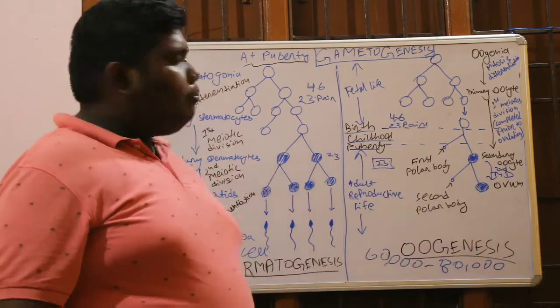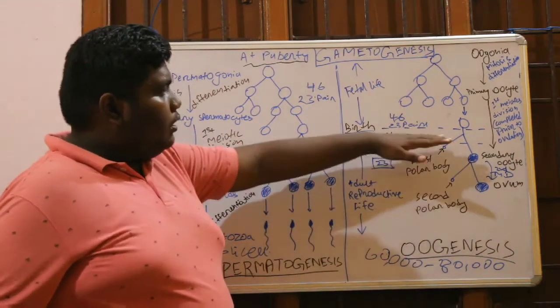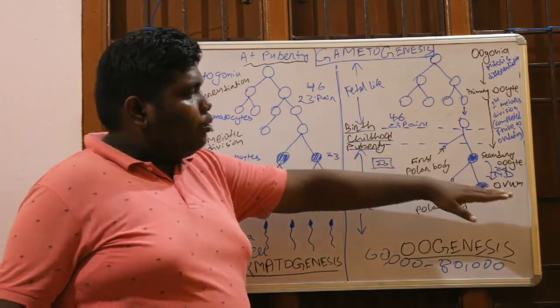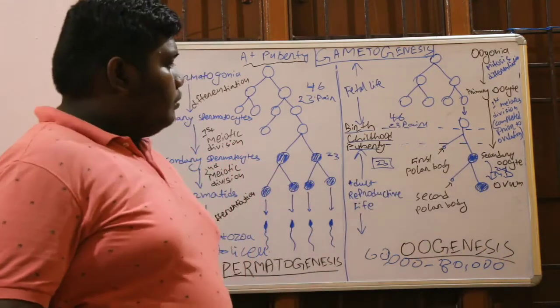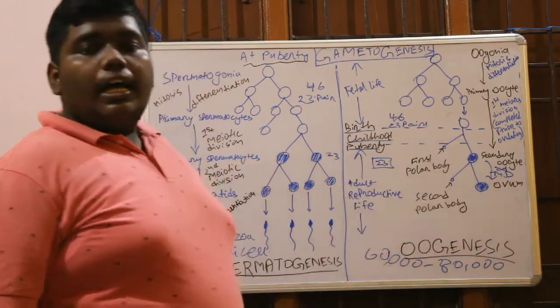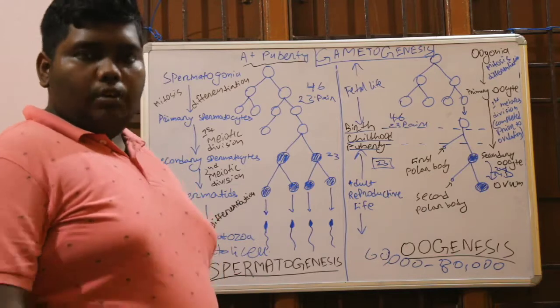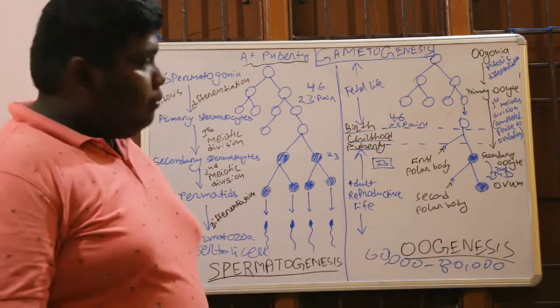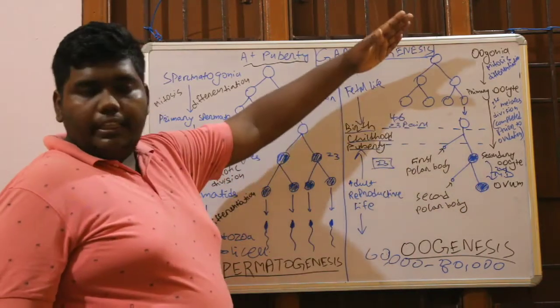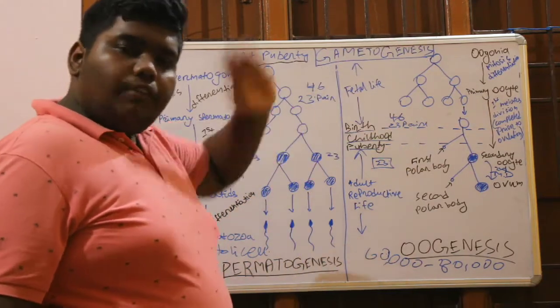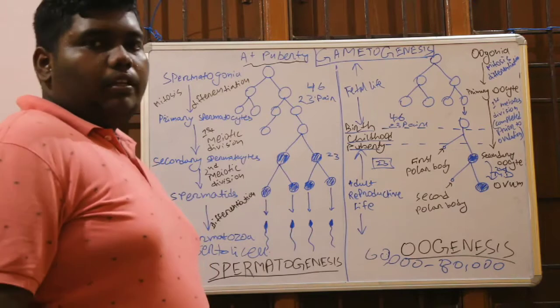You have to remember that all this process, from primary oocyte to secondary oocyte and ovum, takes place in the adult reproductive life of a female human being. Other than that, the oogonia and the primary oocyte are formed in fetal life, even before birth.